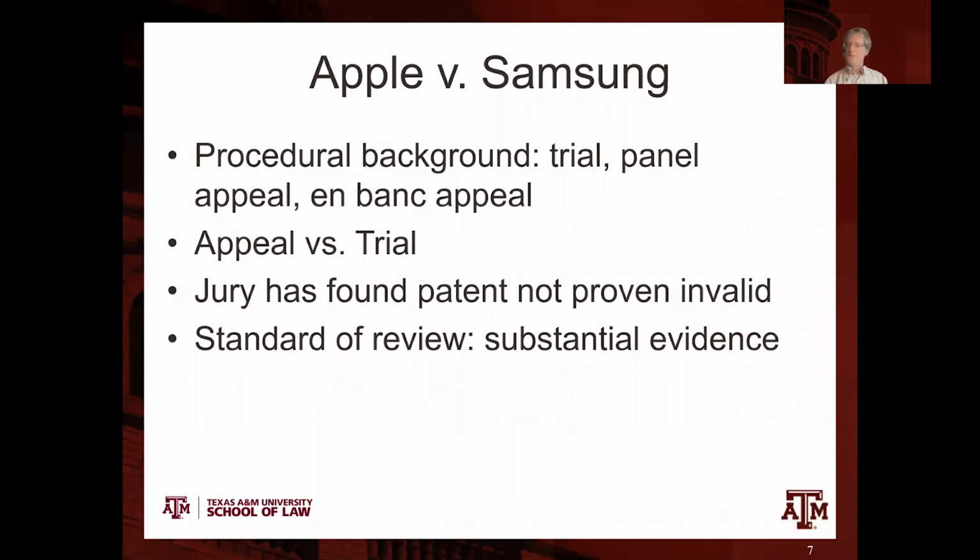In addition, right, we've got this appeal versus trial dynamic. And so in litigation, we have factual issues. Did John shoot Joe? And then we have legal issues. If he did, what state of mind is required to show first-degree murder, second-degree murder, manslaughter, and so on. So those are legal issues defined by the court. And so at the trial, the jury is supposed to resolve factual issues, disputed questions of fact.